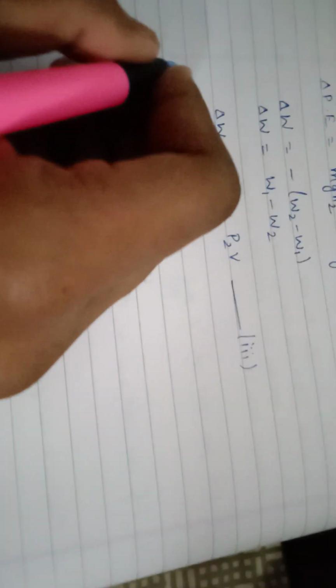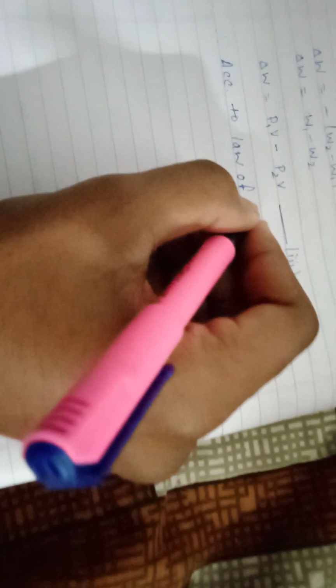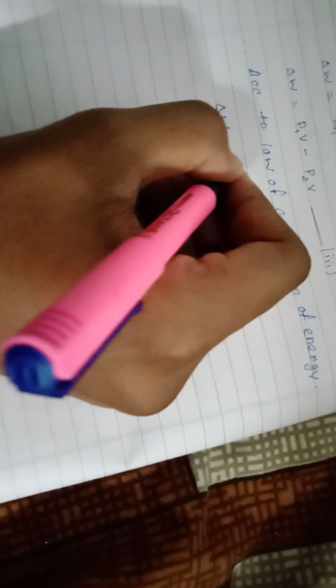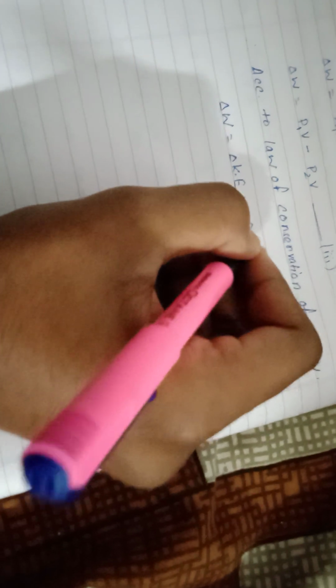Now we all know that according to law of conservation of energy, delta W is equal to delta kinetic energy plus delta potential energy.